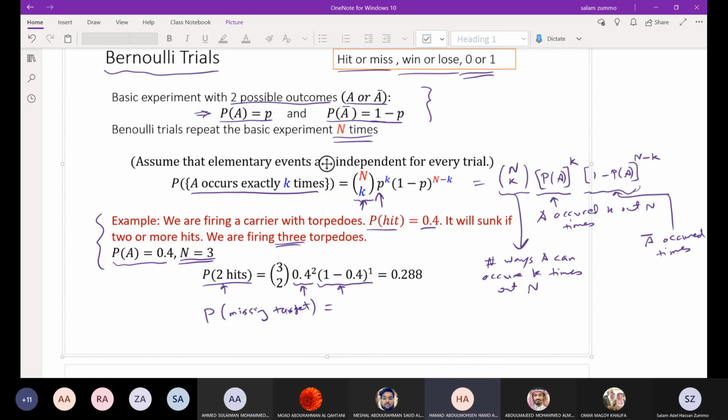So if I missed in the 3 times, it means 3 choose 0, I wasn't able in 0 times to hit. Multiplied by 0.4 to the power of how many times I hit the target? 0. Zero, excellent. Multiplied by 1 minus 0.4 to the power 3, because 3 times I lost, which is 0.6 to the power 3. I don't know what this comes to. Those of you with a calculator, calculate it.